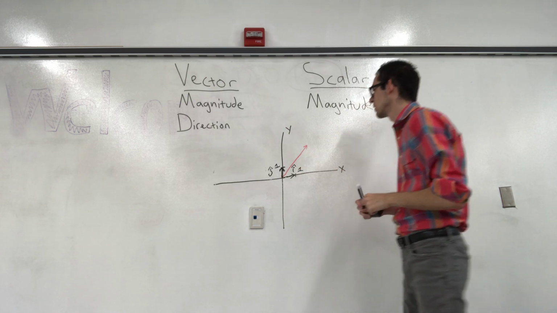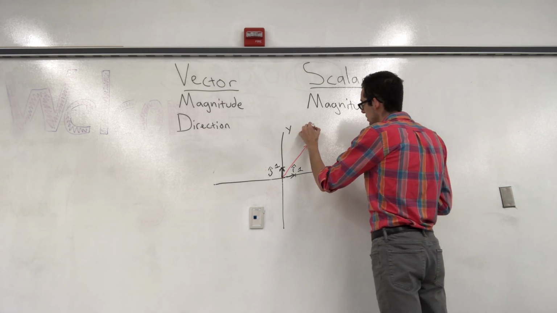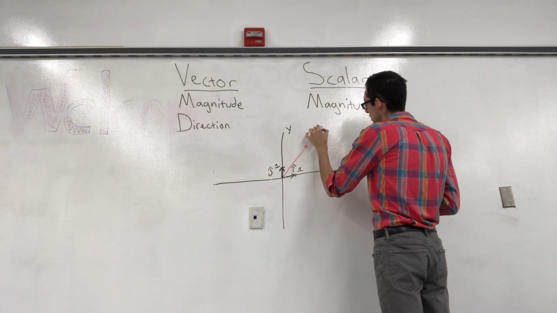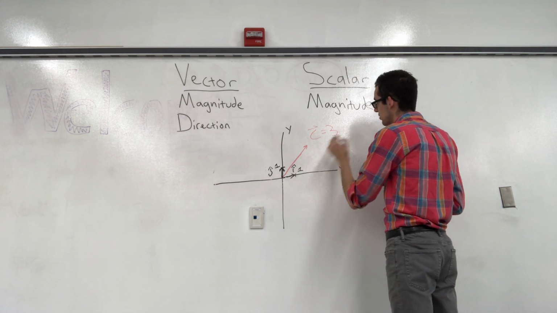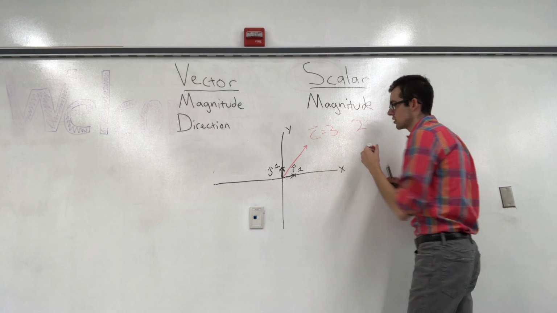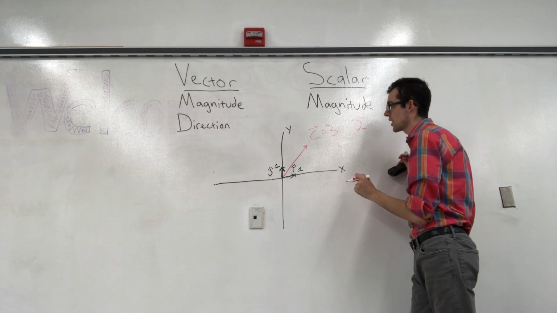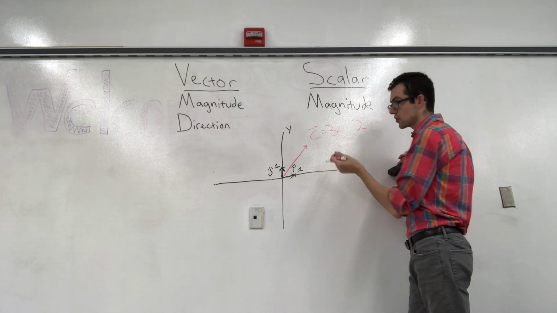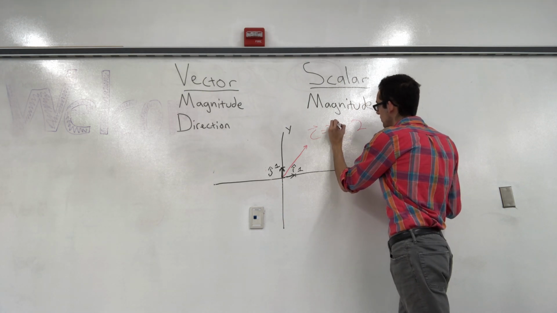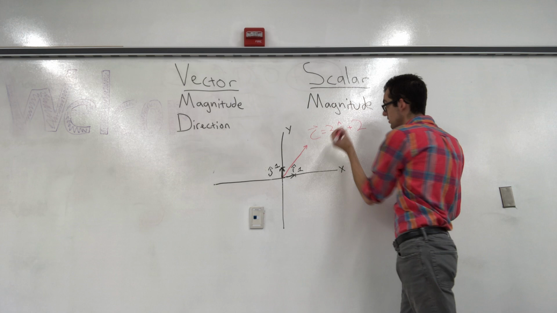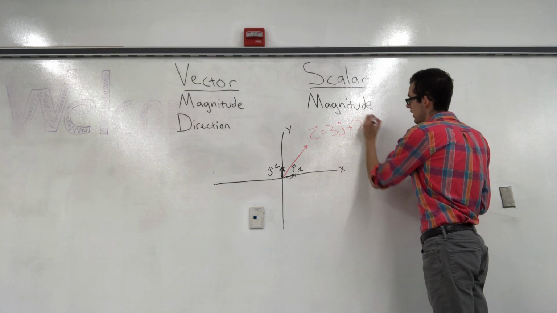We knew that our vector C went 3 miles, or 3 units north, and then 2 units to the east. So in terms of our new units J and I, we can say we went 3 units in the positive Y direction, and we can use J hat for that. And then we went positive 2 units in the X direction, or to the east, which was our I hat.